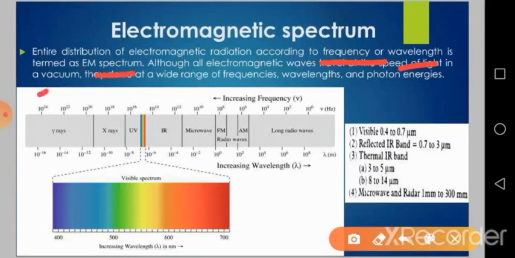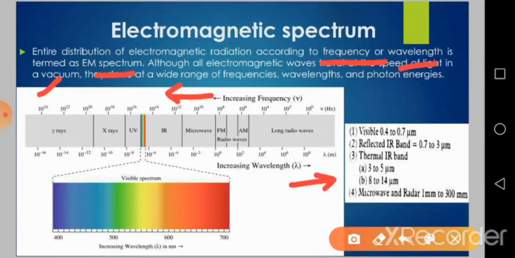Here in this figure, you can observe the electromagnetic spectrum. This direction gives the increasing order of the frequency, and if you move in this direction, it is according to the increasing order of the wavelength.